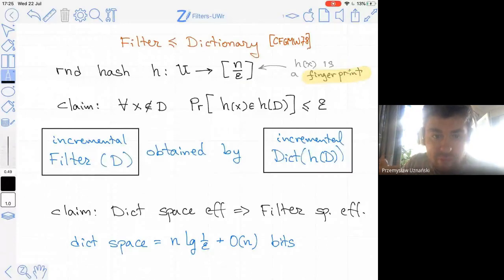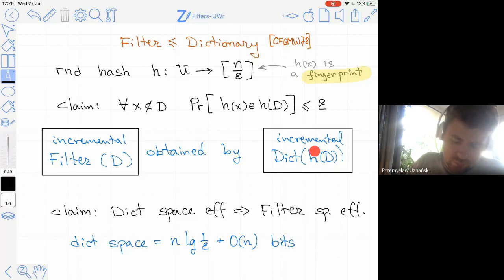And because this function is random, for every x which is not in the data set, the probability that it collides with one of the elements in the data set is bounded by epsilon. So if you want to build a filter for the data set D, then it suffices that you build a dictionary over the set H of D, the image of D under the function H.